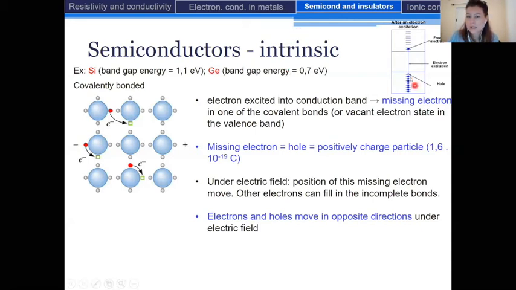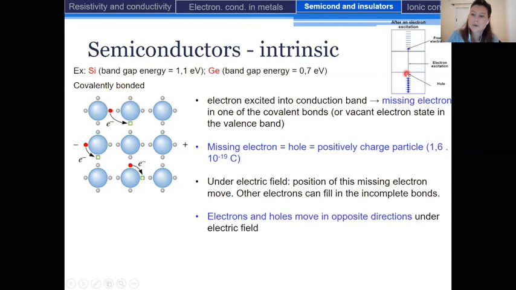So when an electron is excited into the conduction band, we have a missing electron in the valence band. And if we think about the bonds present in this material, we have a missing electron in one of the covalent bonds.